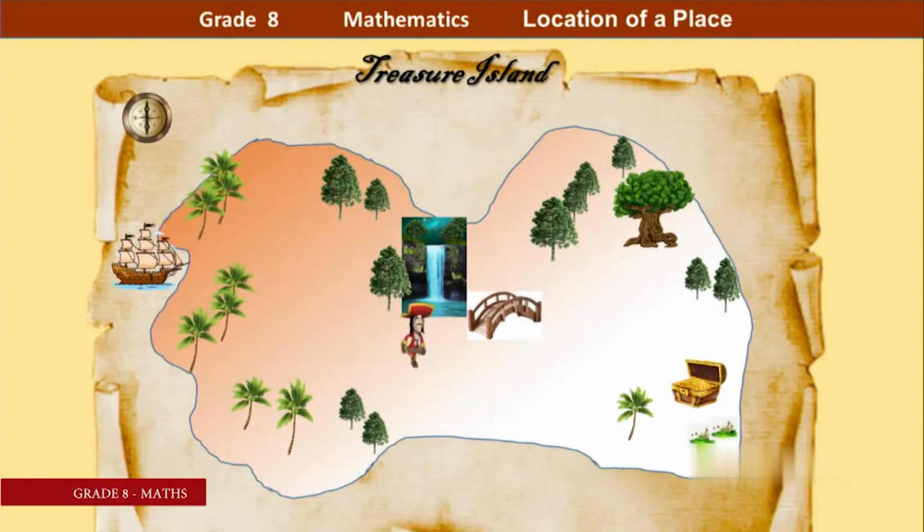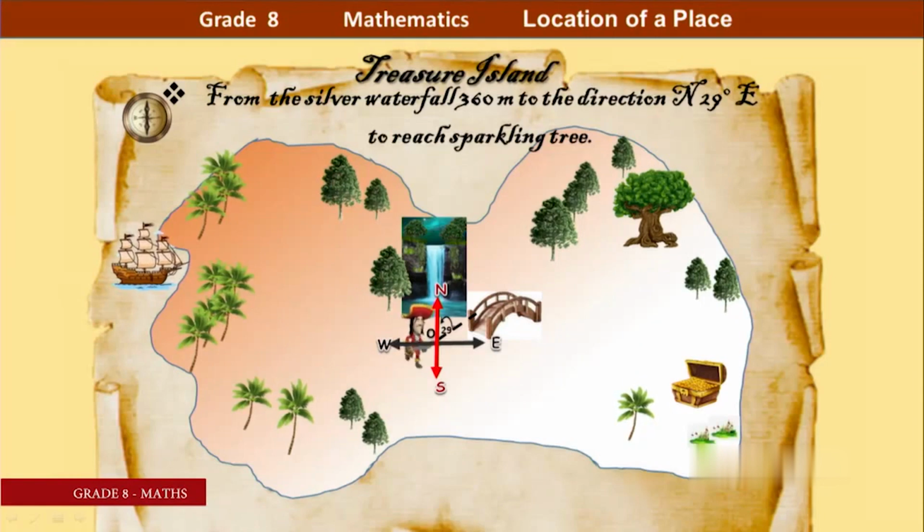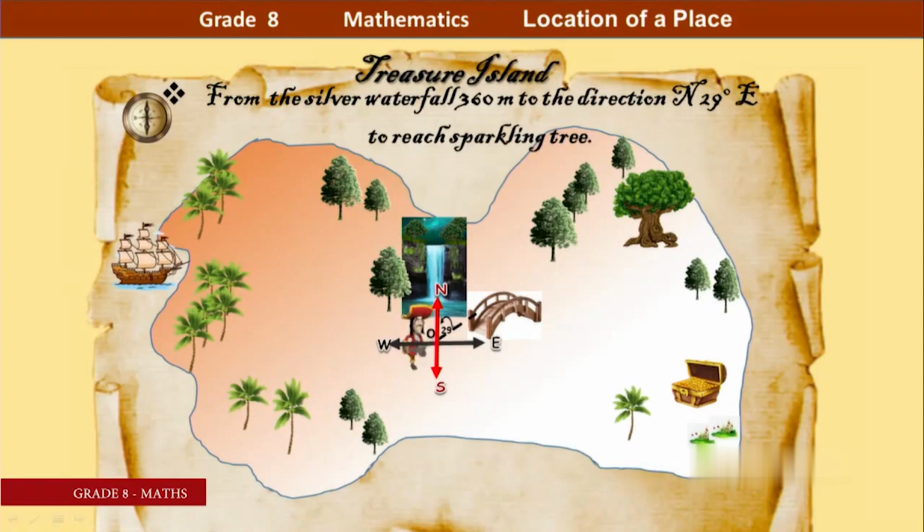Now he is at Silver Waterfall. What is the direction to the sparkling tree? Yes, what is it? It is from the Silver Waterfall 360 meters to the direction north to east. The angle is 29 degrees. Then he could reach the sparkling tree.